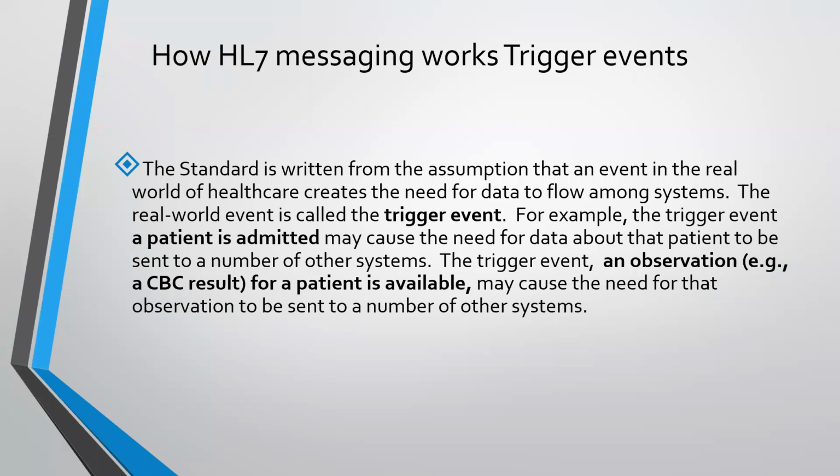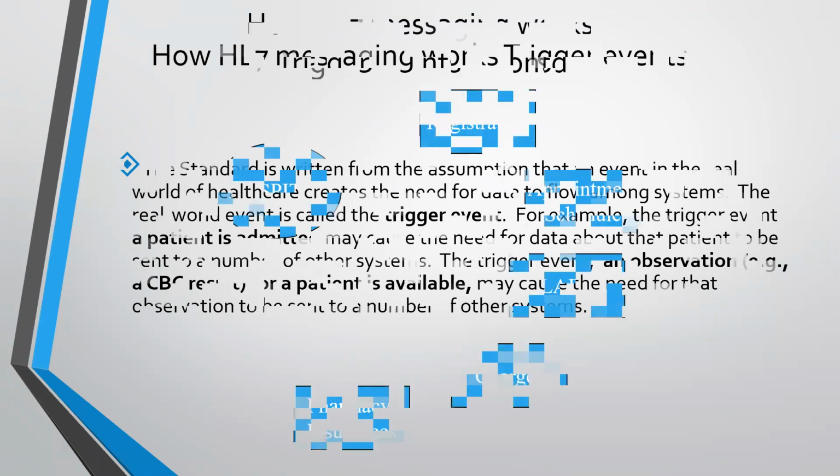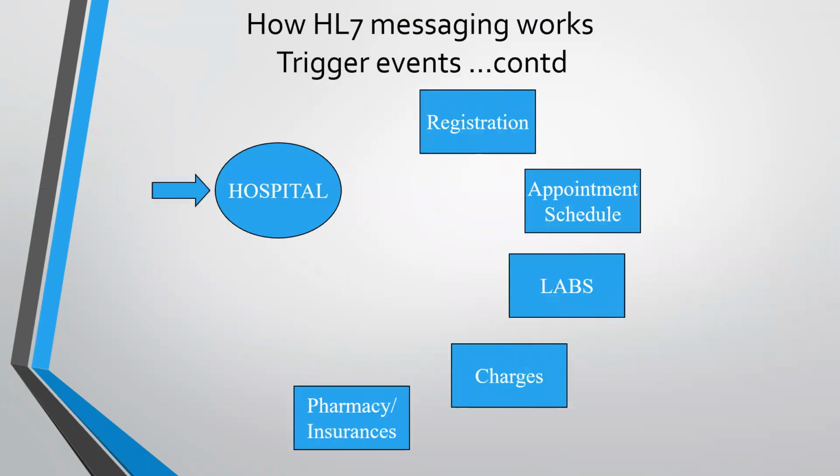We'll explore more about trigger events in the upcoming sessions, but the entire hospital is broken down into various sections or workflow related breakdowns so that we can categorize the kinds of trigger events that we may have under a certain category.